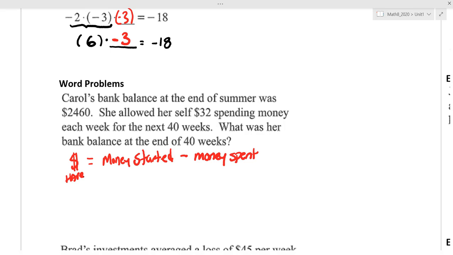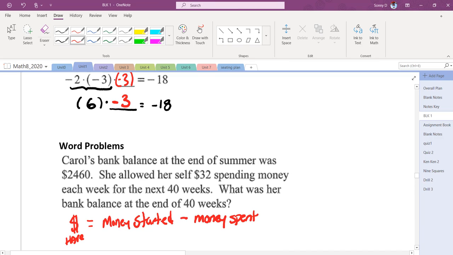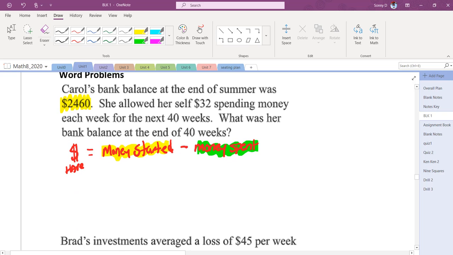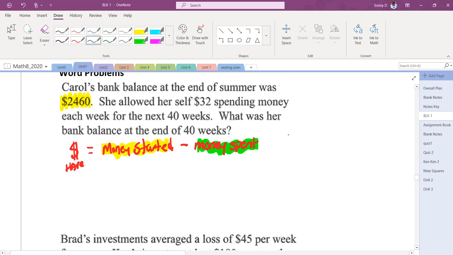How much do you have now? 5 minus 3 is $2. Okay? So we know from the question already that she started with $2,460. So we know the money started. So before we can answer this question, we just simply need to know how much money she spent and subtract those two numbers. So before we can do this, let's do a little side calculation here.